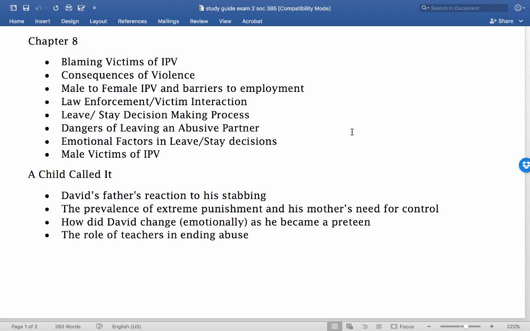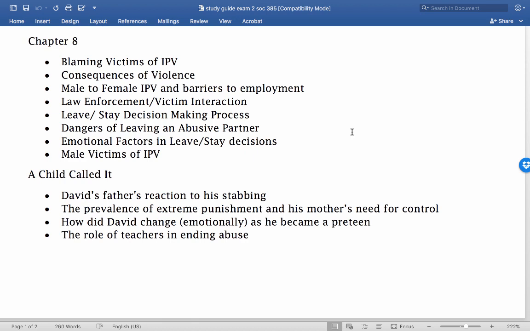All right, chapter 8. Blaming victims. Obviously that's kind of what we're talking about today. This idea that people are often blamed by their partner, who doesn't understand that what they did is wrong, or abusers are often incapable of seeing their role in it. By society, right? By the larger culture that says, well, why do you stay? If you respected yourself, you would just leave, right?